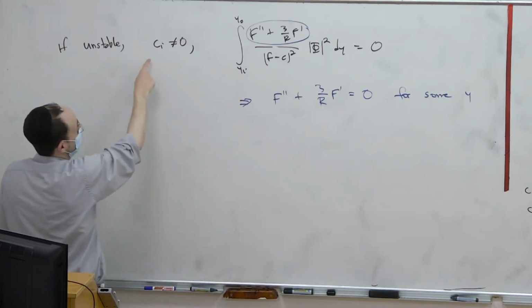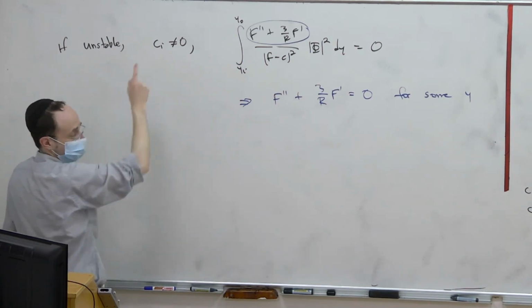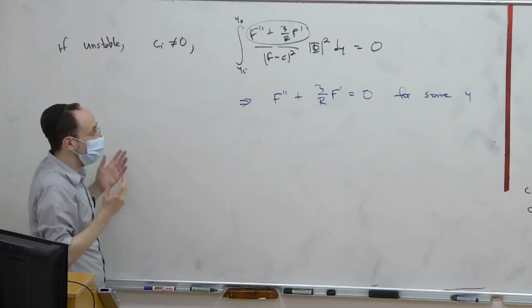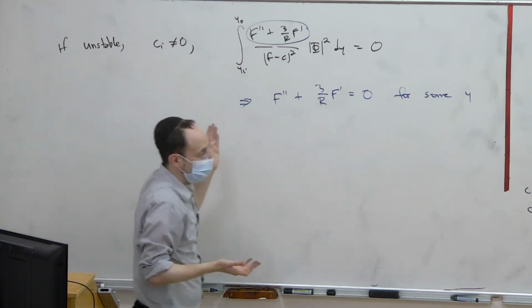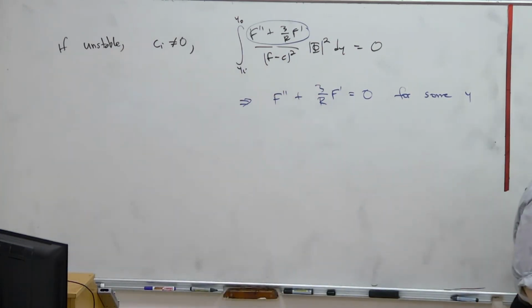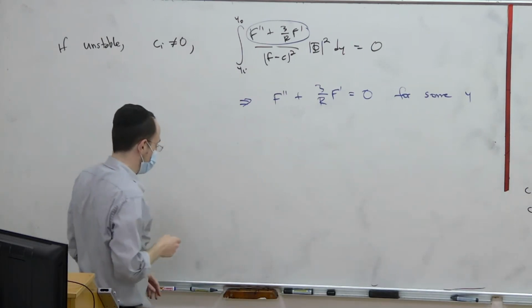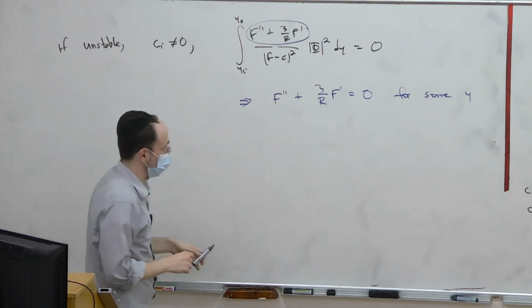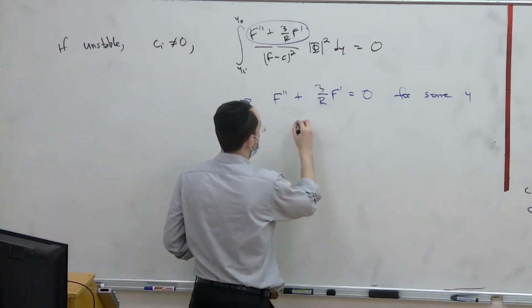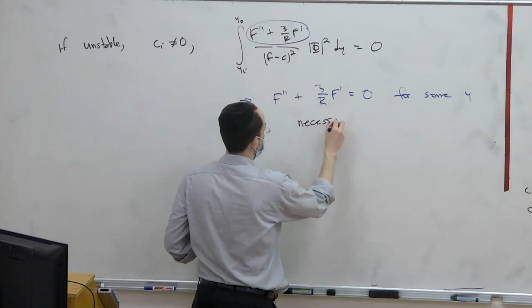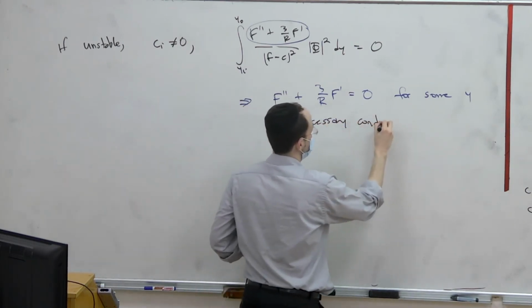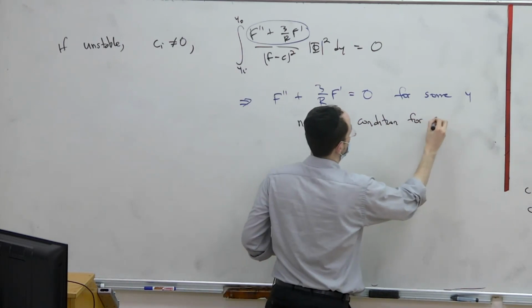We just said that if it's unstable, then c_i is not equal to 0. But it could be that it's stable, c_i is equal to 0 or c_i is negative, and this thing is still equal to 0. They could both be equal to 0, right? So it's a necessary condition, but not a sufficient condition. So this is a necessary condition for instability.